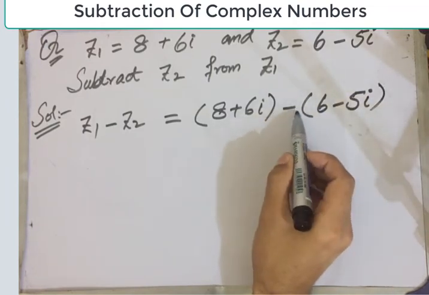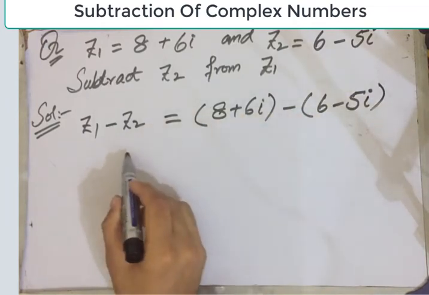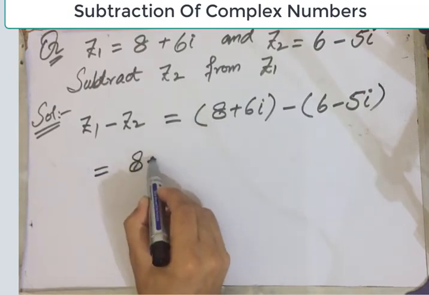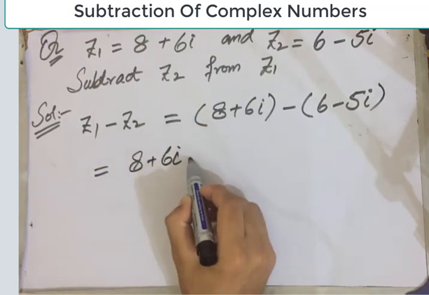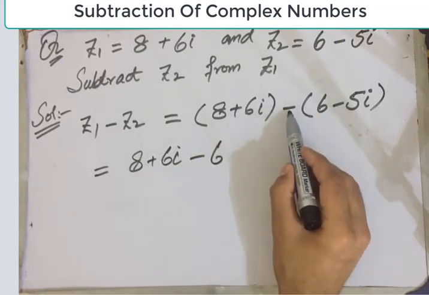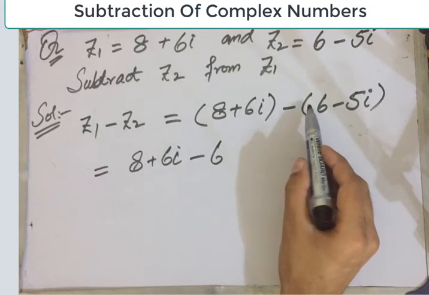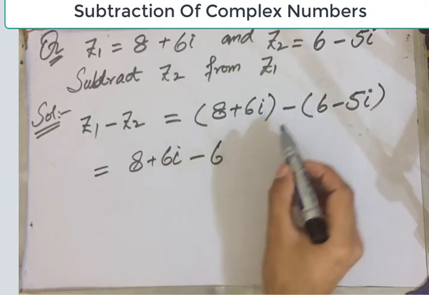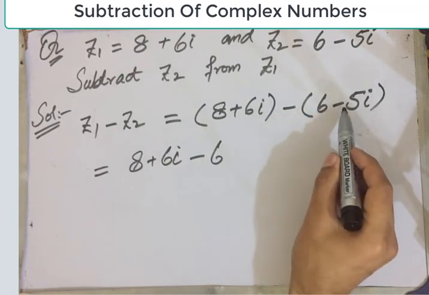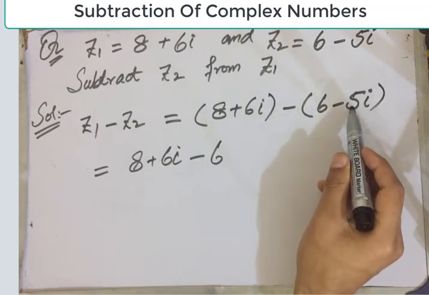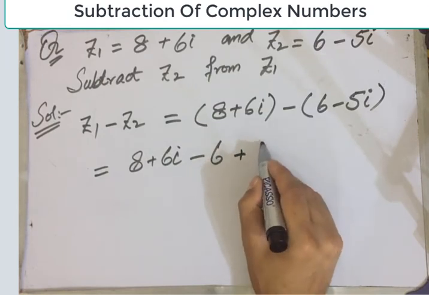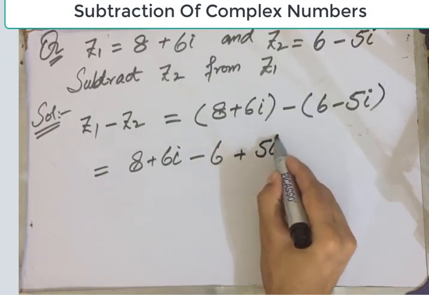Simply multiply the negative sign inside the bracket. 8 plus 6 iota will be the same, followed by minus 6. This minus is multiplied with the plus sign, which is minus 6. If this negative sign is multiplied with the negative number, this results in a positive sign, plus 5 iota.